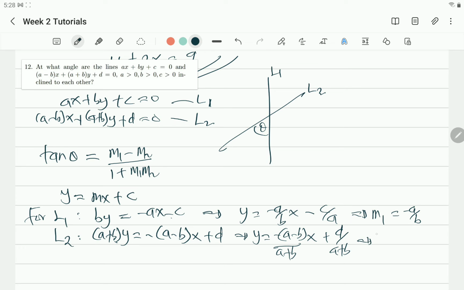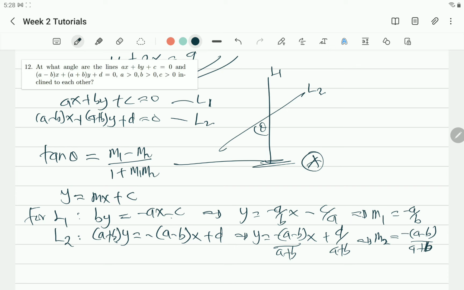And this finally means m2 is equal to minus (a minus b) over (a plus b), right?